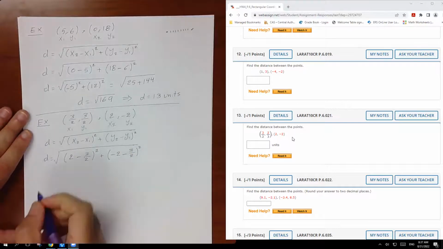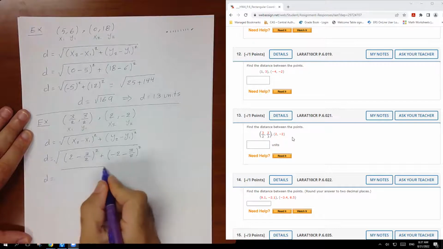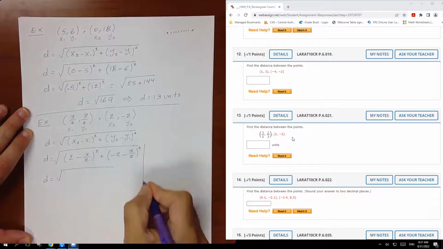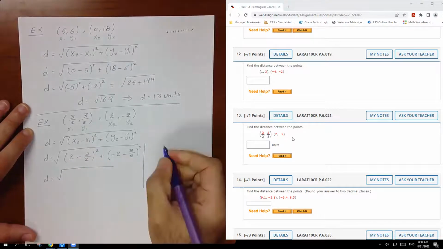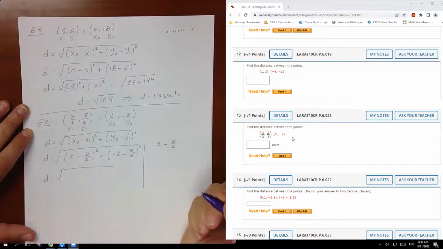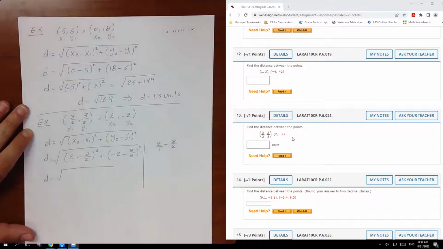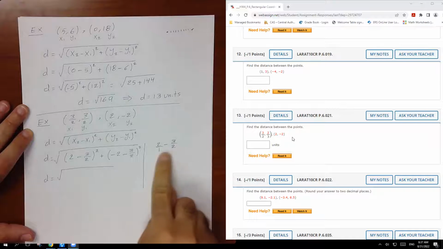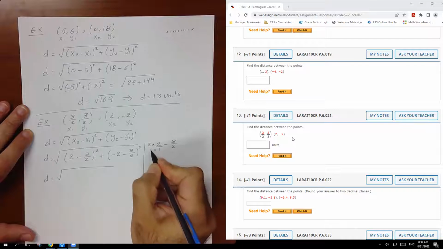Now here is the second step. Now we have a number with a fraction. This means the distance is going to be, I'm going to do the adding on the side. So 2 minus 3 over 2. The first thing I'm going to do is write down this 2 over 1. Now I need to get the same denominator. So I'm going to multiply this one by 2 and multiply this one by 2.